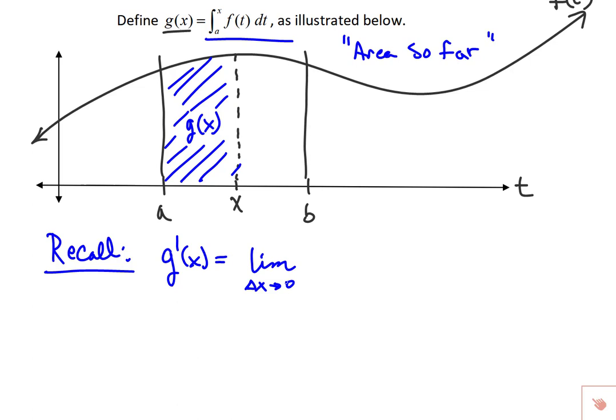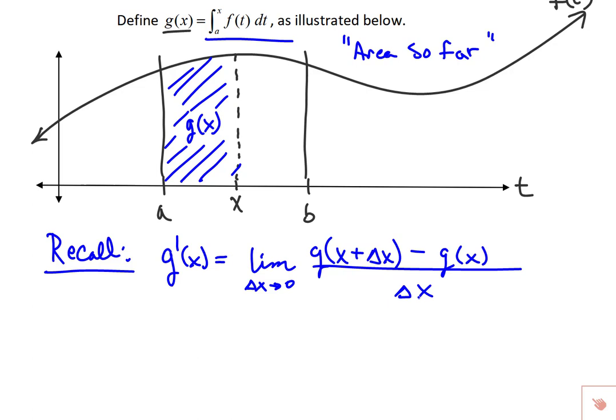So we want the limit as delta x approaches 0 of this difference quotient, as you may recall. Now we're using g for our function, so we have g of x plus delta x minus g of x all over delta x. This is just the limit definition of the derivative that we've done for a while. Instead of h, we're using delta x, and we're using g for our function name here. But that's all this is.